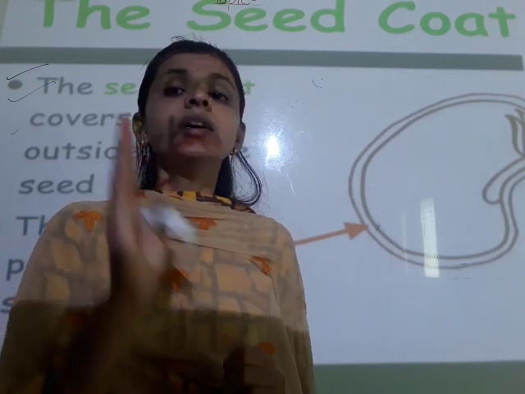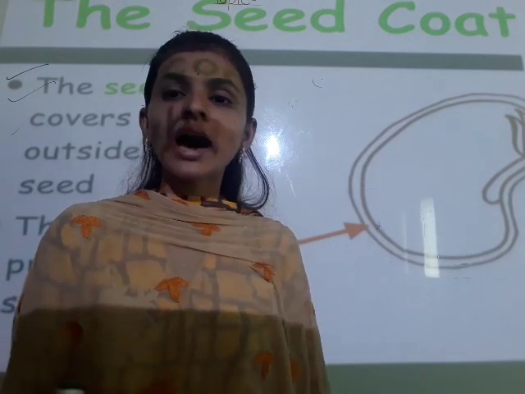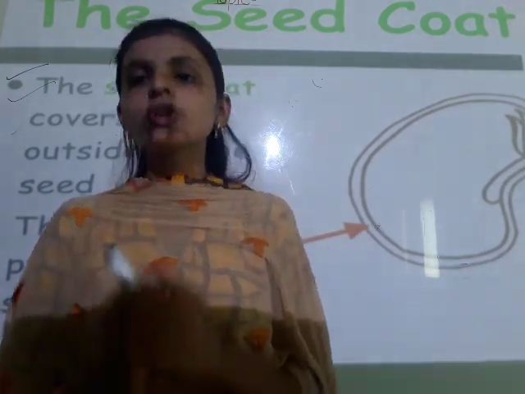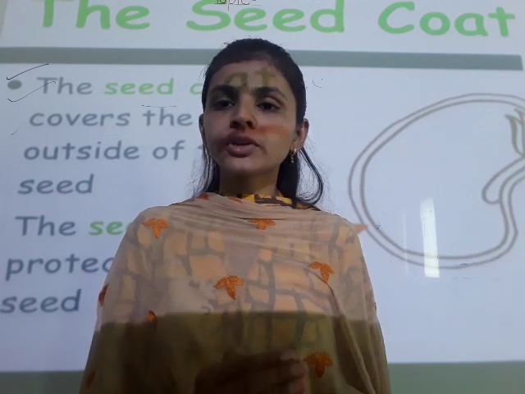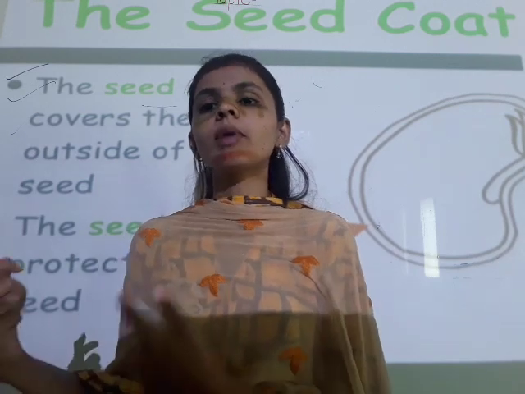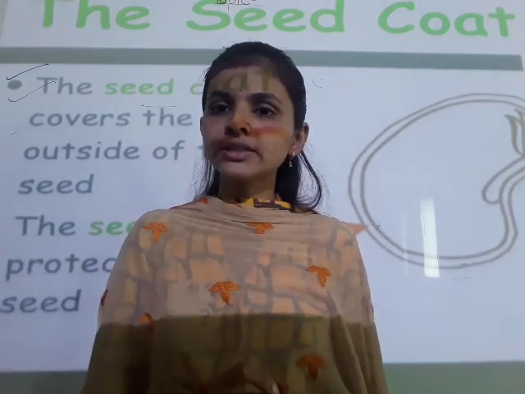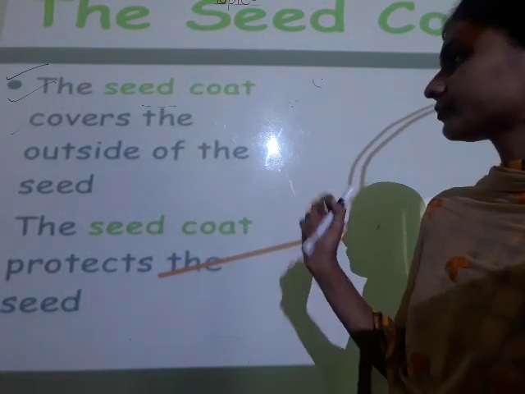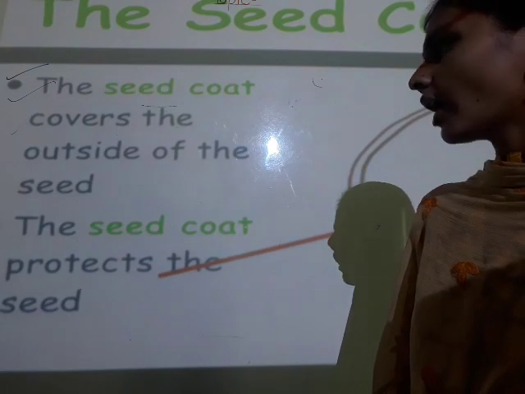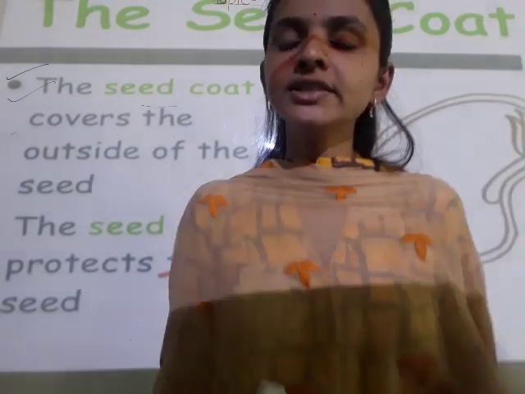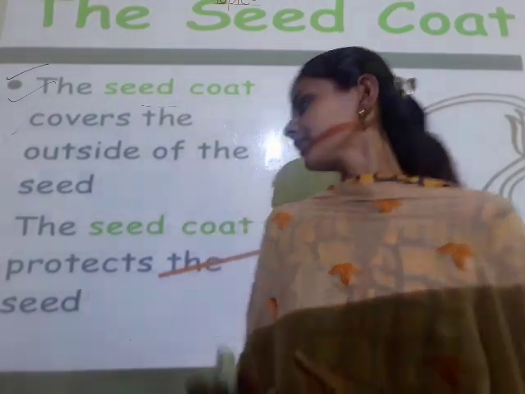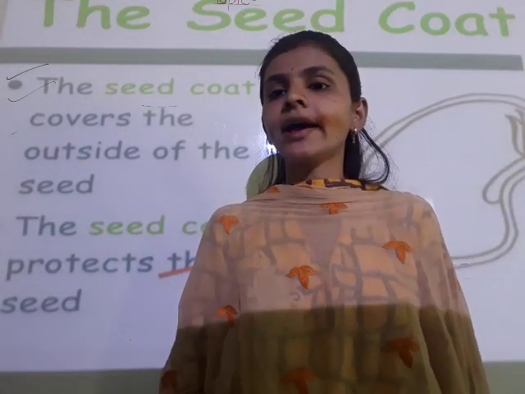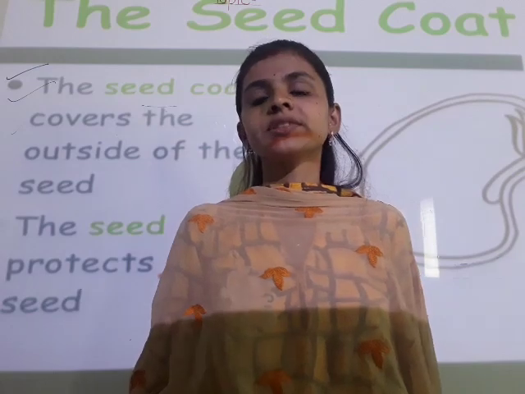The function of seed coat is to protect the seed and the embryo from the outer side environment, and it covers the outside of the seed. The seed coat protects the seed, that I already explained. So this is the function of the seed coat.